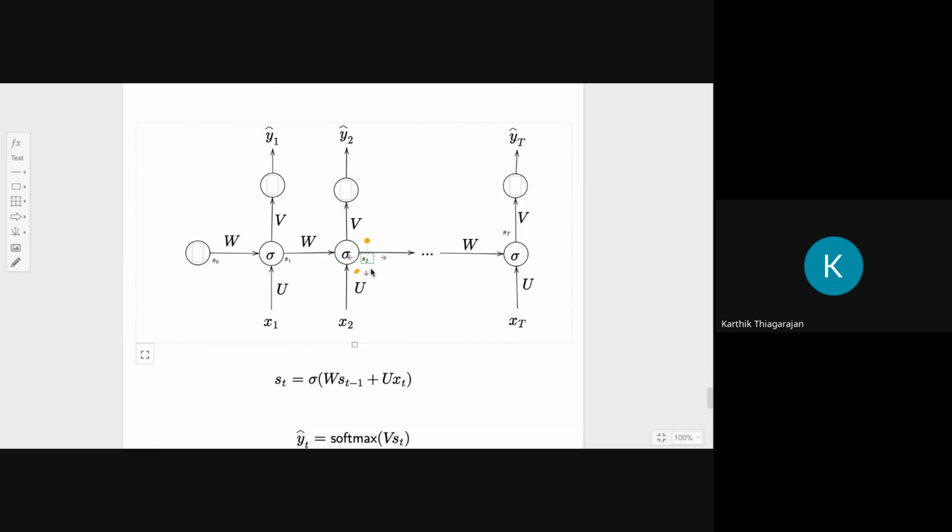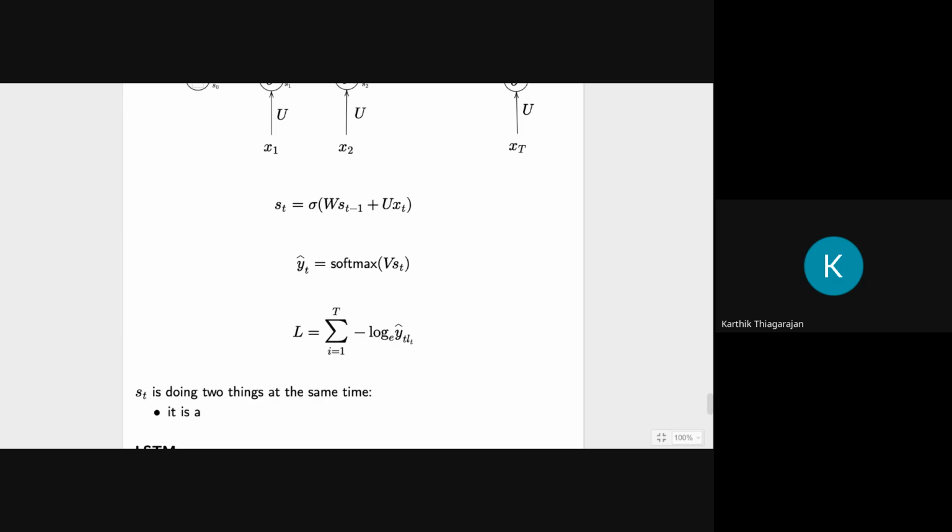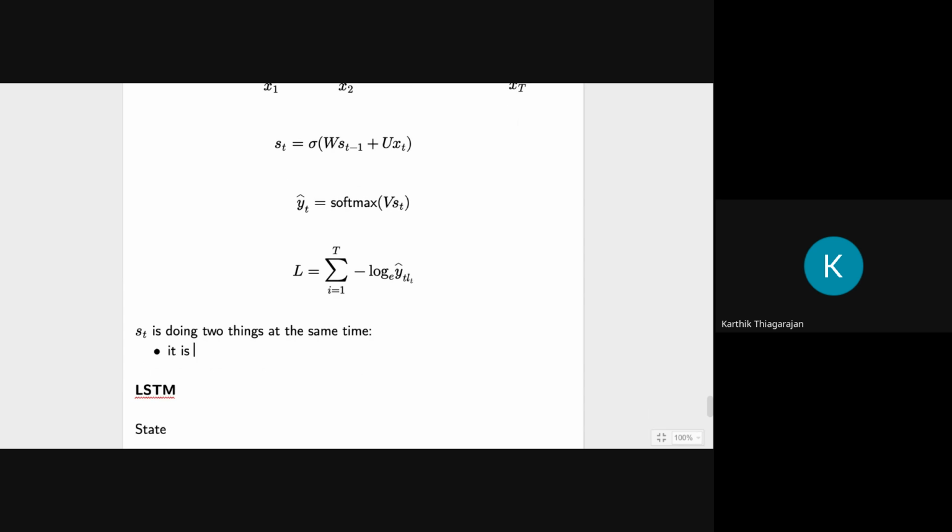So if you look at this state, ST, so ST is doing two things at the same time. One is it maintains, or tracks, or stores the information in the first t time steps, right?